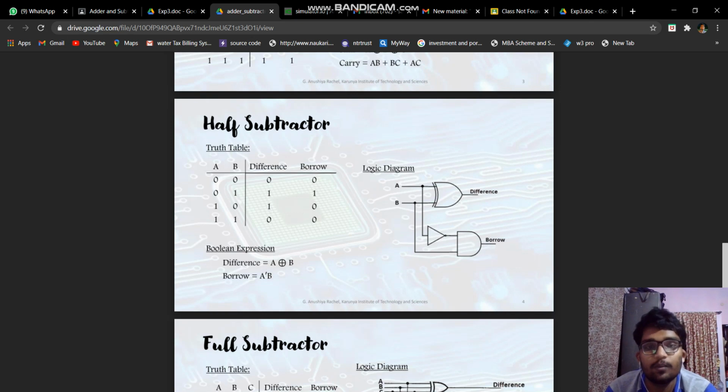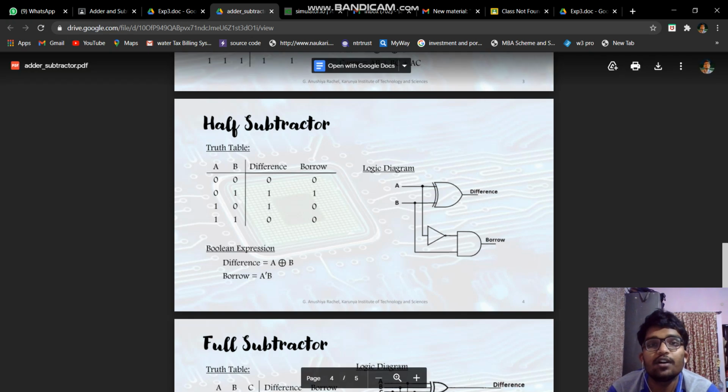When you subtract 1 minus 0, the difference is 1 and borrow would be 0. When you subtract 1 from 1, you would get difference 0 and borrow 0. So this is the truth table of half subtractor.